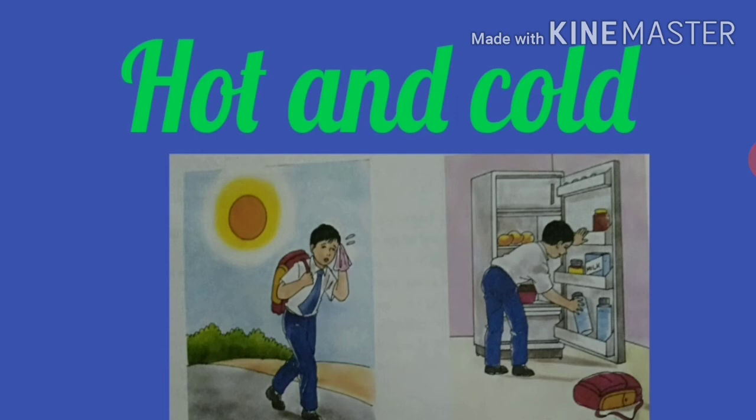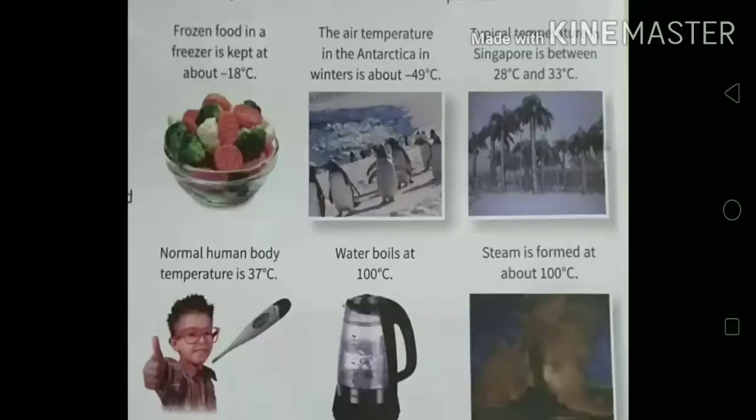So it is time to know about the temperature of objects. One thing I also want to tell you is that the SI unit of heat energy is joule. It is also measured in calories. So let's move toward our next topic, that is temperature.